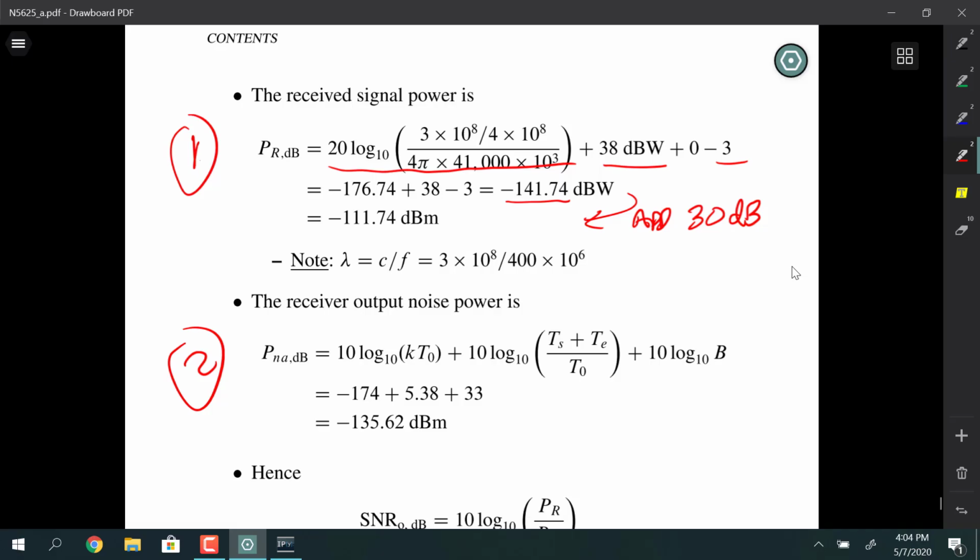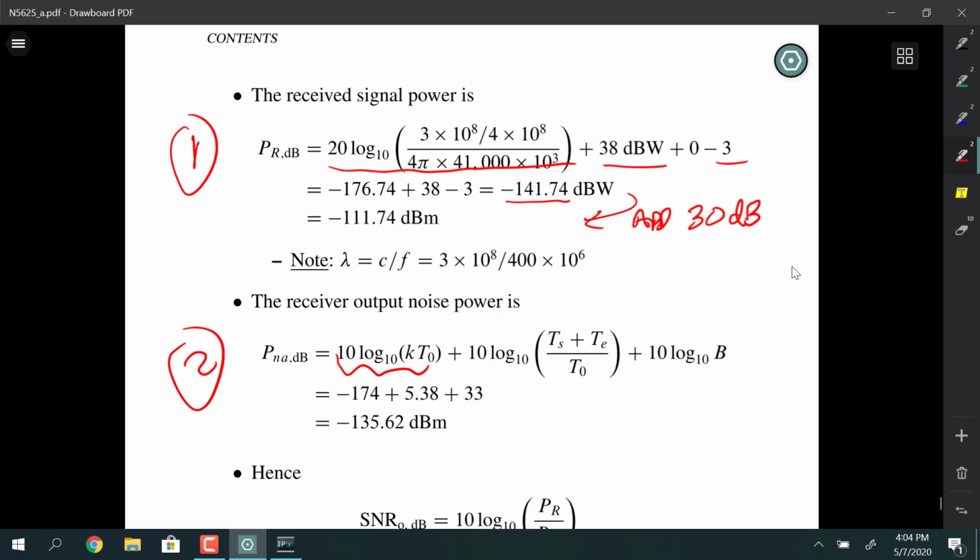It's just what the receiver sitting there is doing with its antenna temperature, TS, the effective temperature of the electronics package.